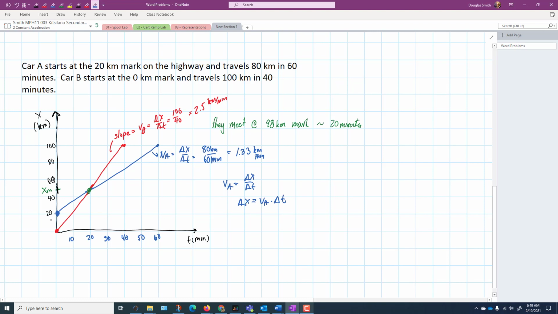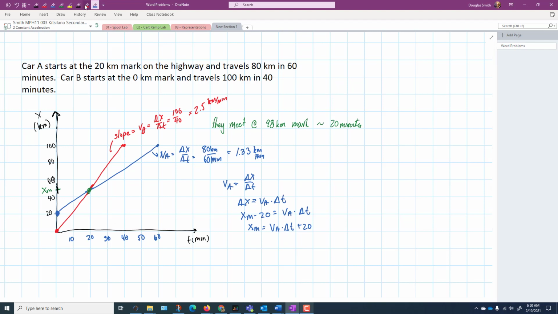In this case, delta x is xm minus 20. That's equal to VA times delta t. So I could write this as xm equals VA delta t plus 20. So that's an expression for that meeting position. And I don't know what xm is, and I don't know what the delta t is. It's somewhere close to 20, but I don't know what it is.